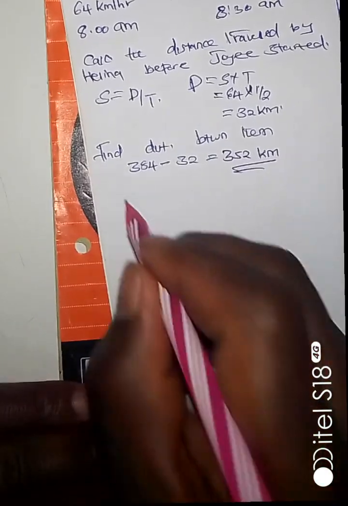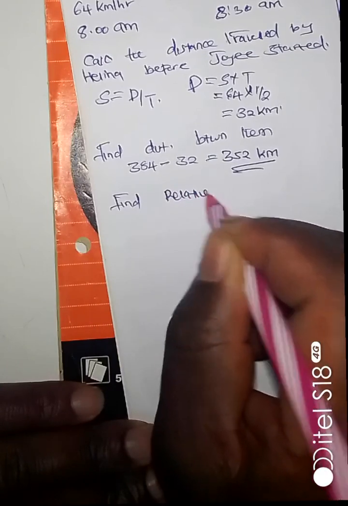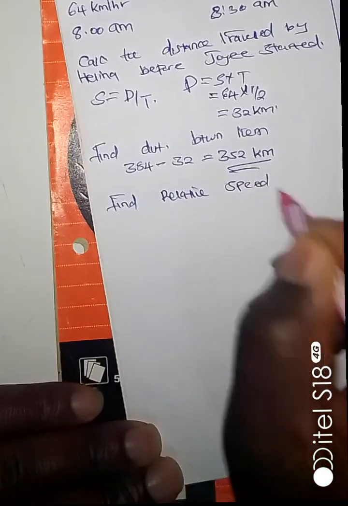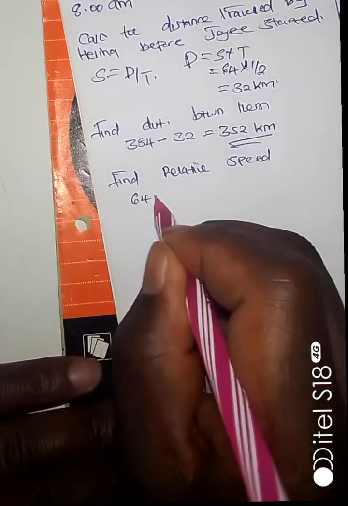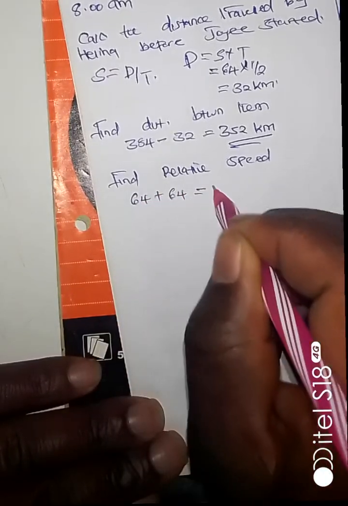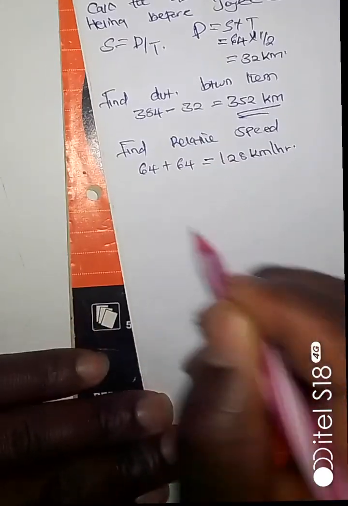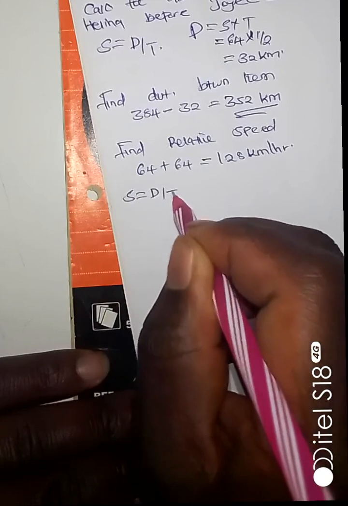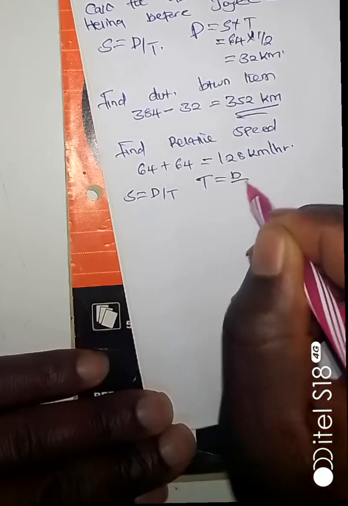Also here we need to find the relative speed. And since they are approaching each other, here we have to add. It is 64 plus 64, which is 128 kilometers per hour. From speed is equal to distance over time, we need to find time, which is distance over speed.